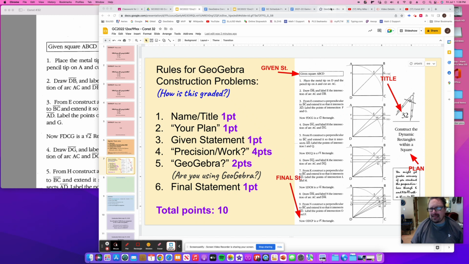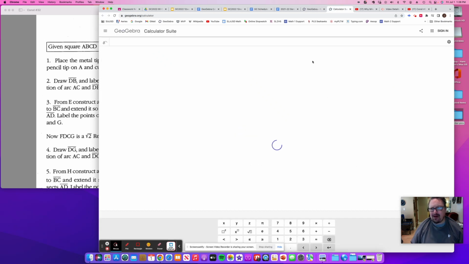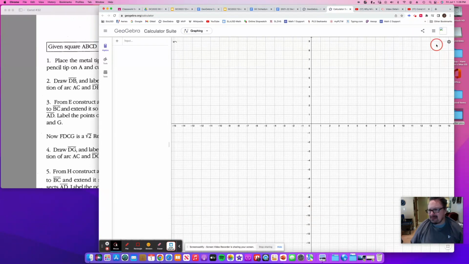So when we do this, we're going to use the calculator suite because we need to be precise with our measuring and whatnot. So I'll do a clean sheet of paper.